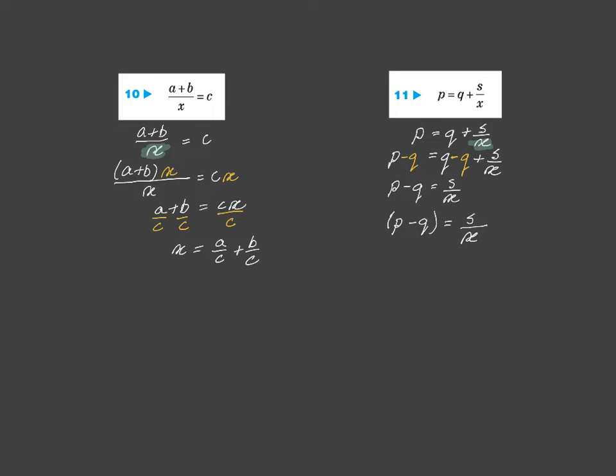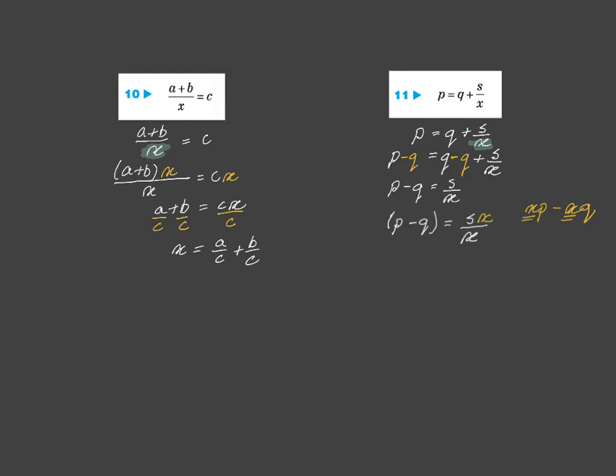On the right, I multiply by x to get rid of the fraction x, but it's a little bit more tricky on the left-hand side. If I took p minus q and multiplied both of them by x, I would get xp minus xq. And then I've got x in two terms, which is going to make it really difficult for me to write x as the subject.